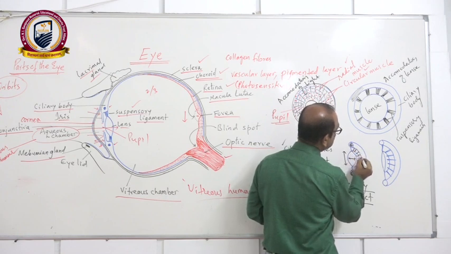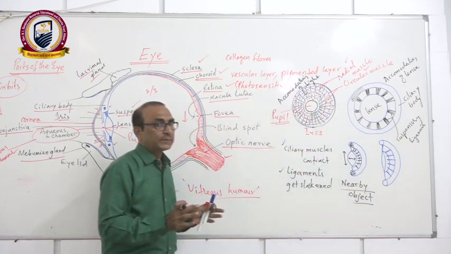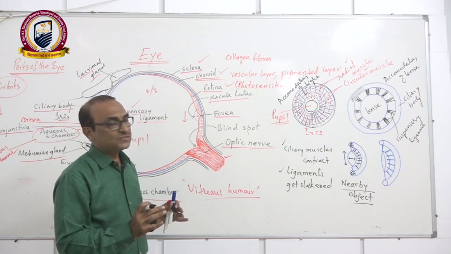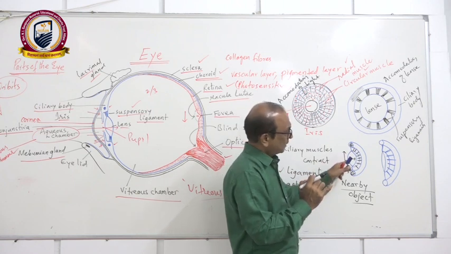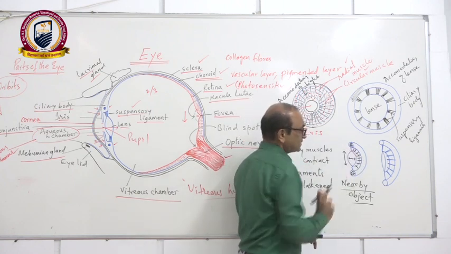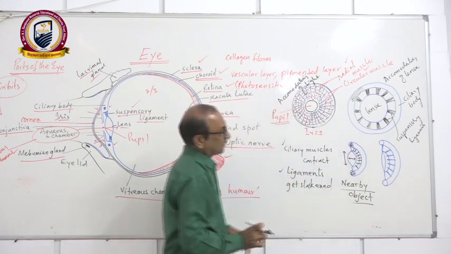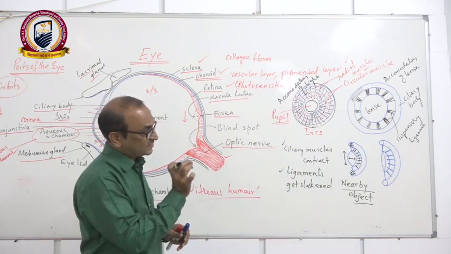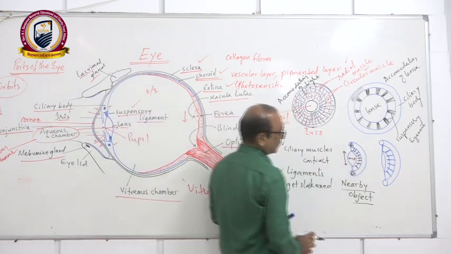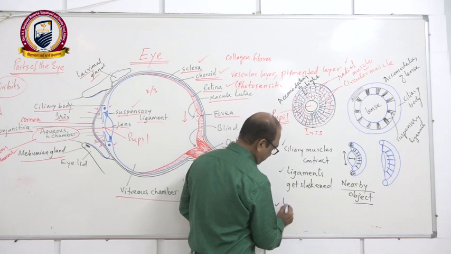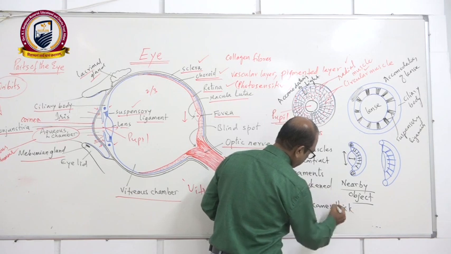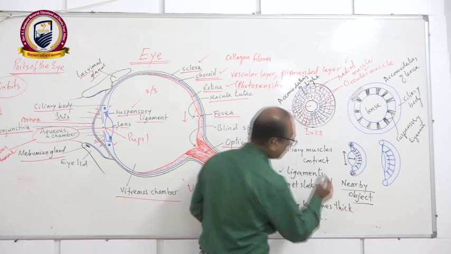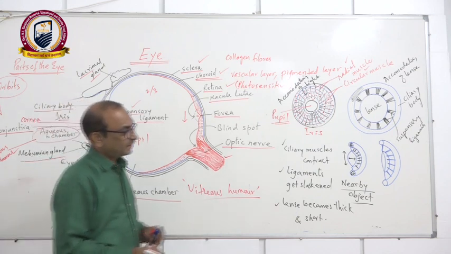So they are not stretched, and the tension on the lens is relieved. There is no tension on the lens, so the lens becomes thicker and shorter. The height of the lens is reduced and its width, or thickness, has increased. So we say that the lens becomes thick and short, so that we see the nearby object.